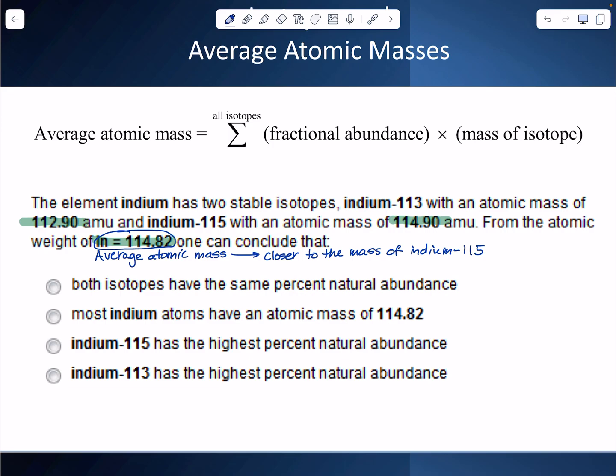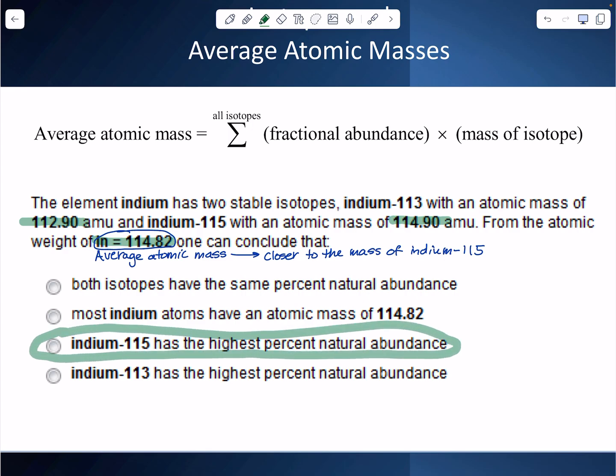So, in this case, the thing that we can say is that indium-115 has the highest percent natural abundance because the average is closest to that number, okay? So, we can rule out the ones that have indium-113 either as abundant or more abundant.